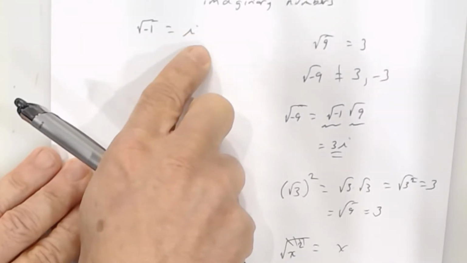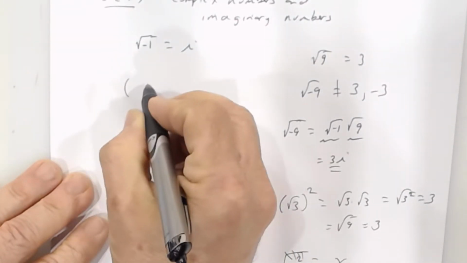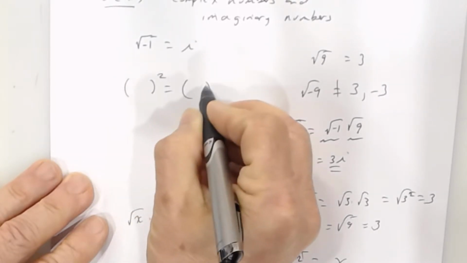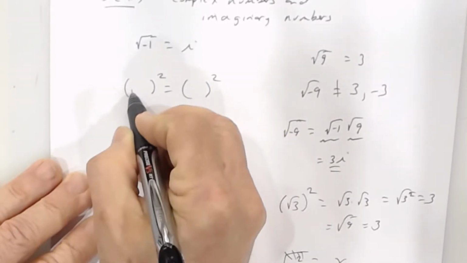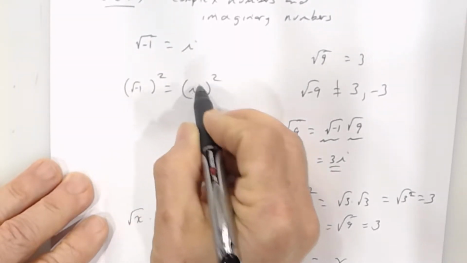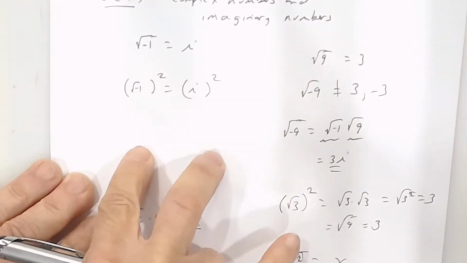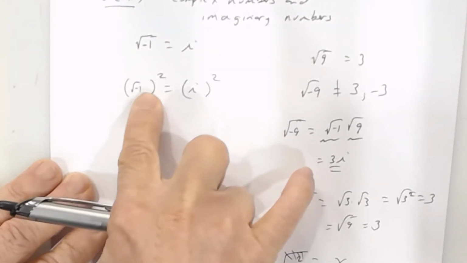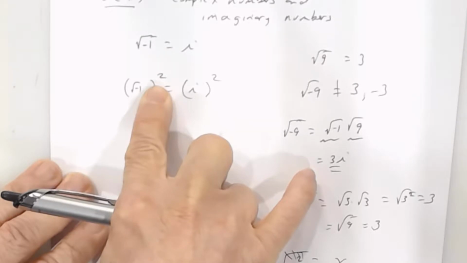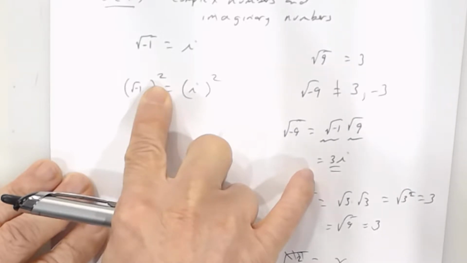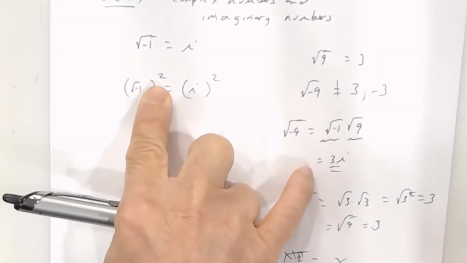If I square both sides, I get the square root of a negative 1 squared on one side and i squared on the other, right? I'm squaring both sides. What is the square root of a negative 1 squared? No, not 1. The square root of a negative 1 is i.